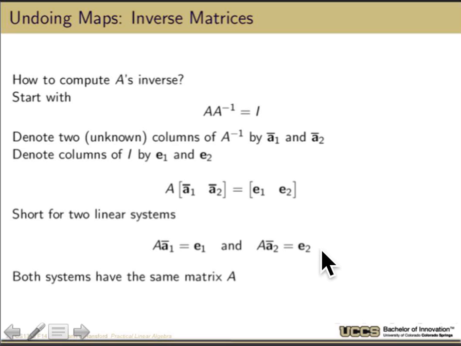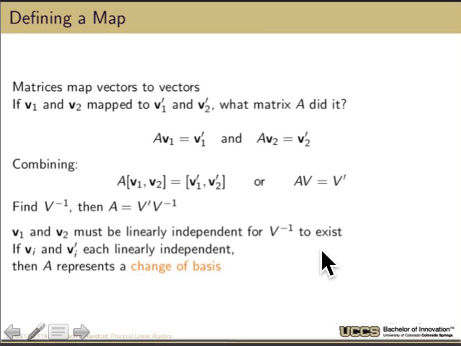Okay. So now we've been talking about these as maps. Let's be a little more formal about what we're going to do with this. Matrices map vectors to vectors. So if V1 and V2 are mapped to V1 prime and V2 prime, what matrix did it? We have some matrix A that's going to map V1 to V1 prime and V2 to V2 prime.